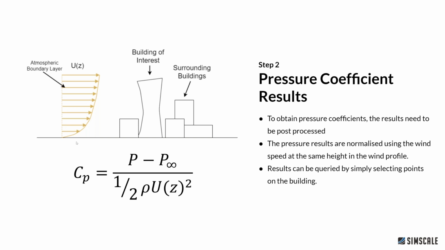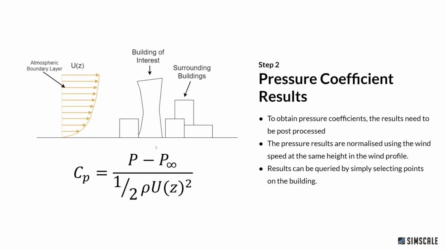This atmospheric boundary layer might change depending on what environment you're in. You might be in an urban environment, you might be in an open rural environment. You can adjust these in SimScale, and likewise you can adjust the relative pressure and relative velocities in your post-processing. Out of all this, we get a CP field, a pressure coefficient field.